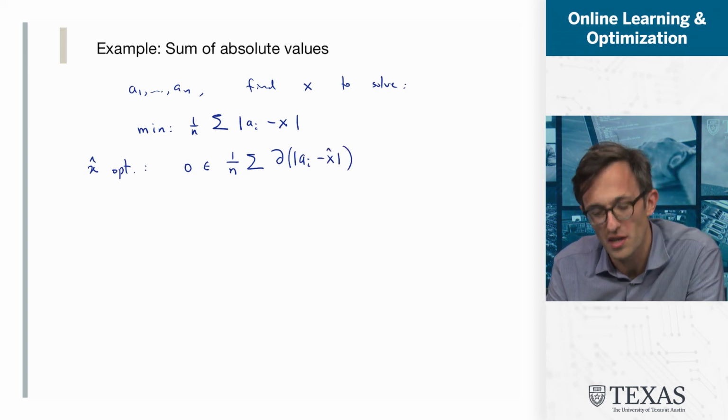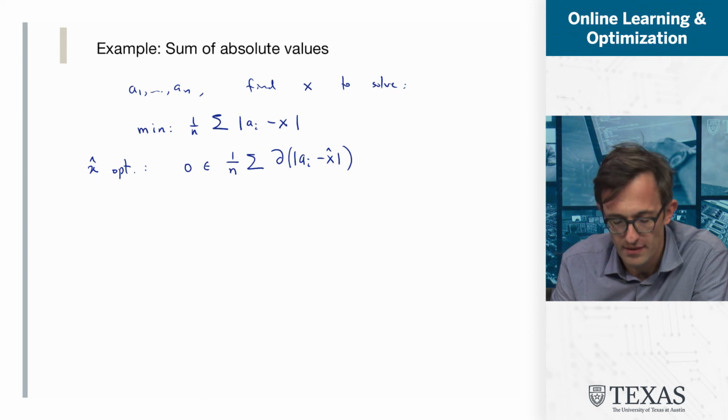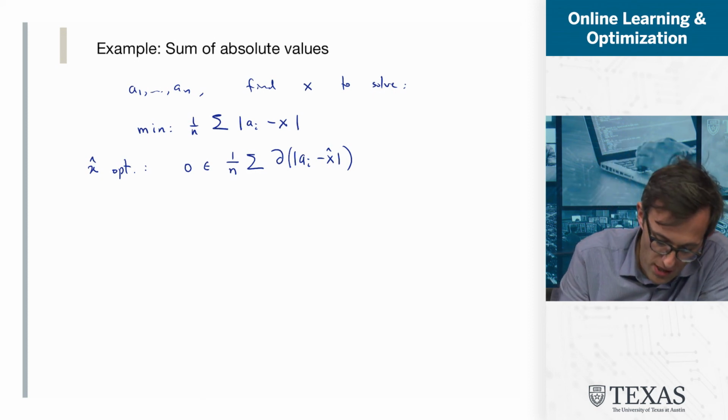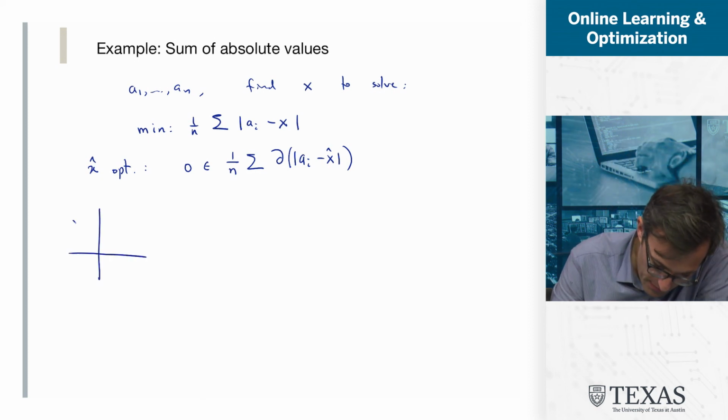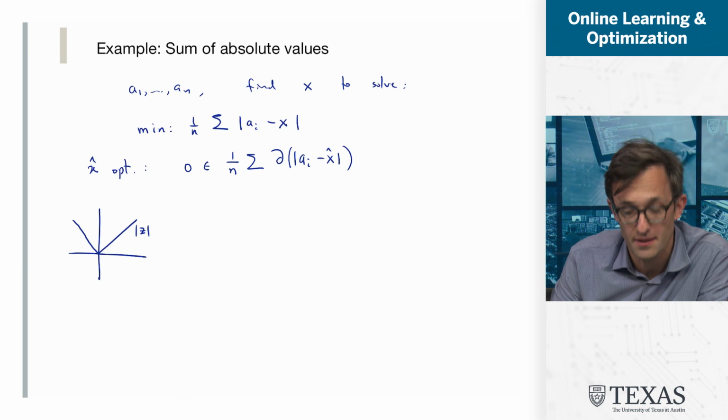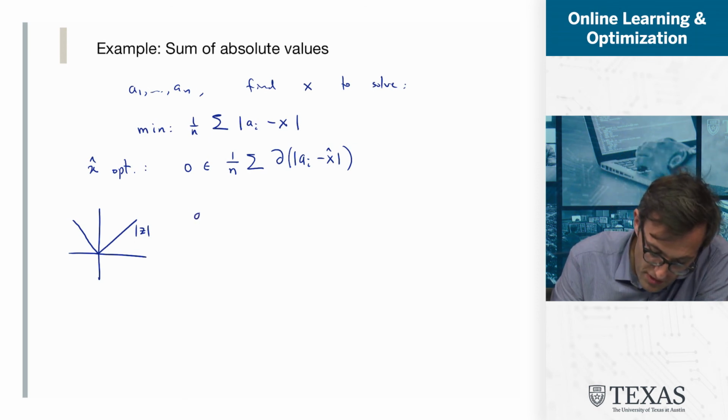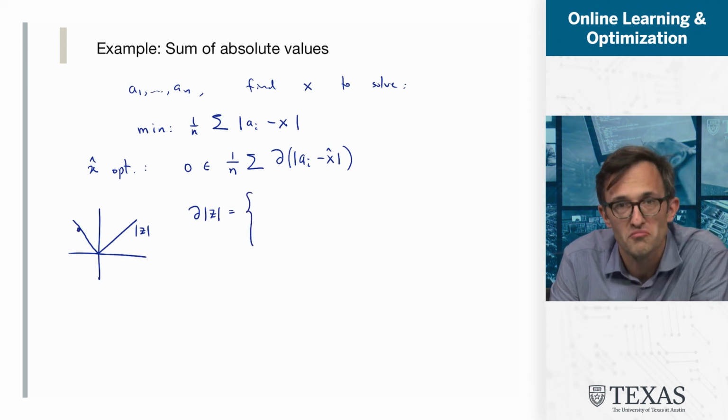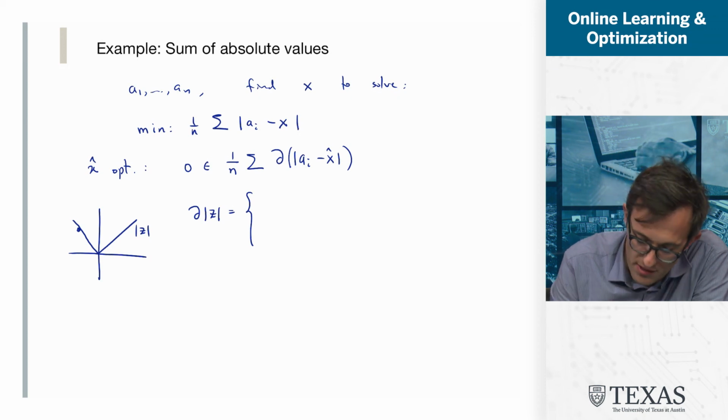What is the subdifferential of the absolute value function? Let's draw it, and that will help us. So this is the absolute value function, absolute value of z. The subdifferential is equal to, what happens if we're over here? Well, it's just a gradient, so it's equal to minus 1 if z is any value less than 0.